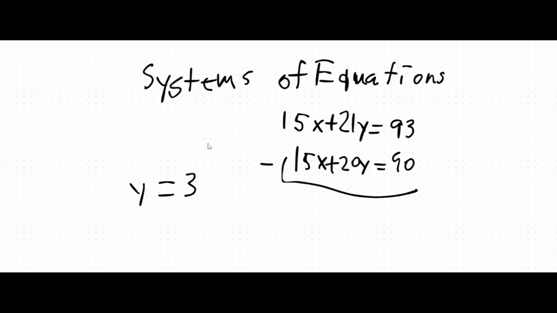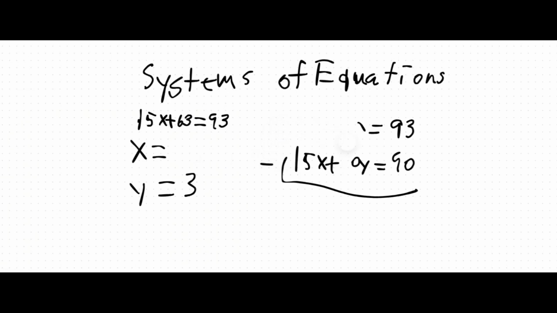Now I'm going to keep these equations as they are, otherwise I would forget them and we wouldn't know what x is. So plugging in y to 21y, we get 15x plus 63 is 93.